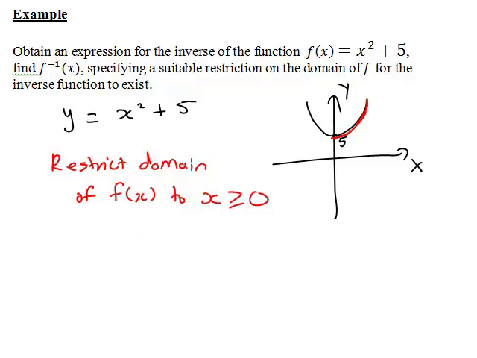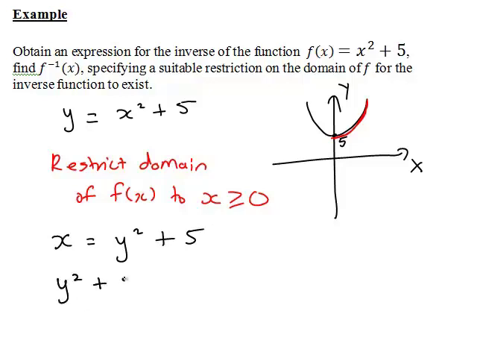We'll come back to that in a minute, but first let's just do some of the algebra to find the inverse function. One convenient way to work out the inverse function is to interchange x and y in the original expression, so that becomes x equals y squared plus 5. And then we rearrange that expression for y, which will relate to the inverse function.